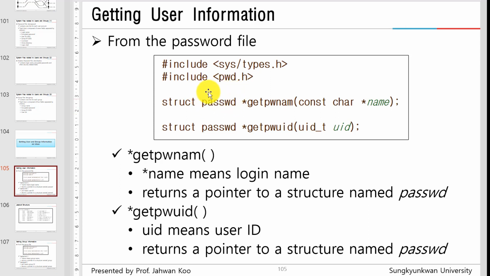I will see the getpwuid library function. This function has just one argument, named uid, and returns a pointer to a structure named passwd. These functions are very simple. We can get the information about users just by calling by name or by uid.